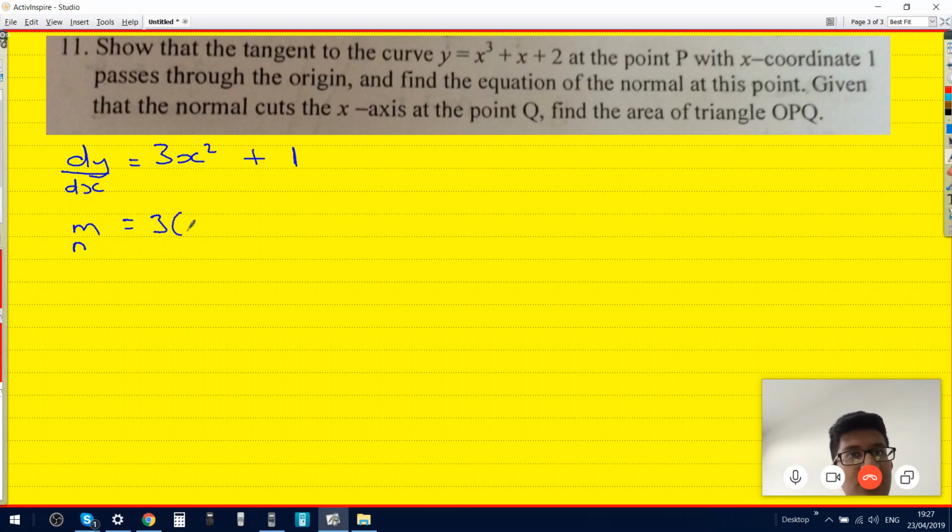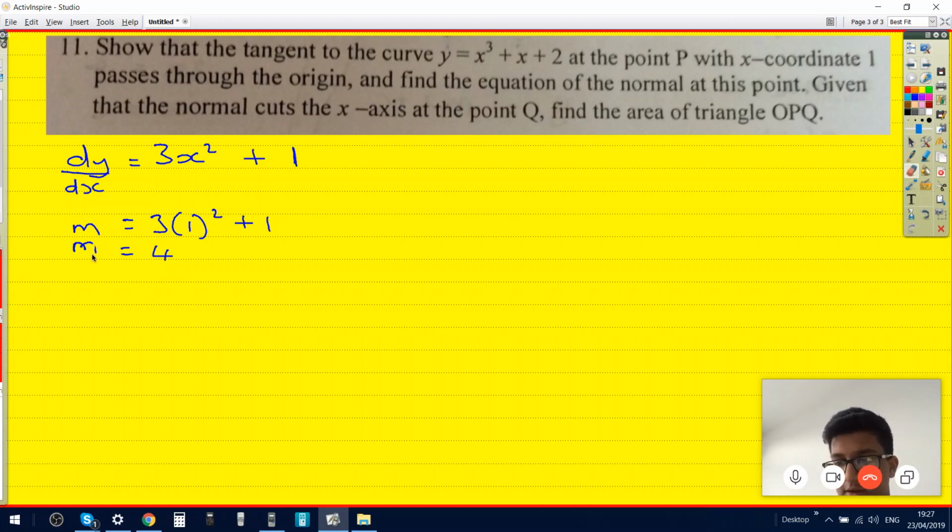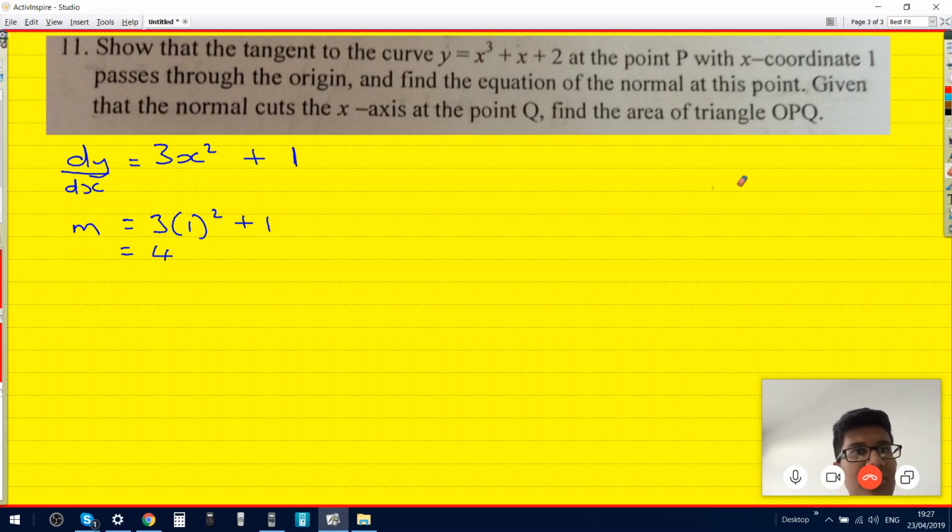So we've got the m. We want to find the equation of the normal at this point. So we've got m, and now we need to use y equals mx plus c. We don't have any other things. So we've got m1, so m1 equals 4.